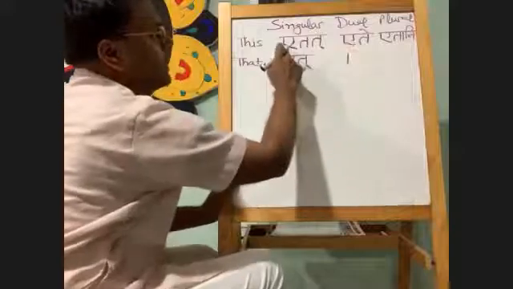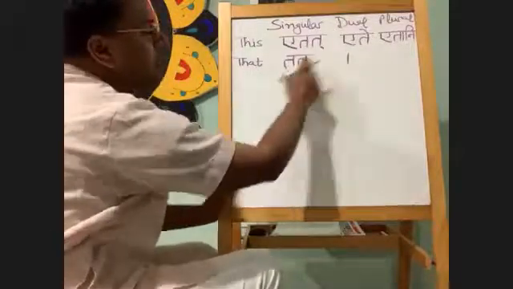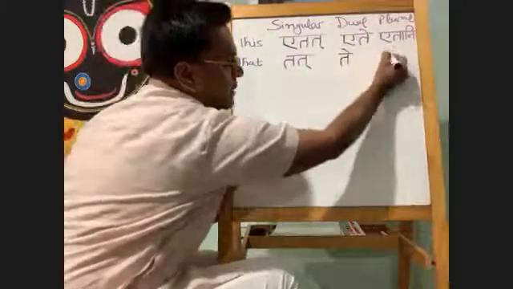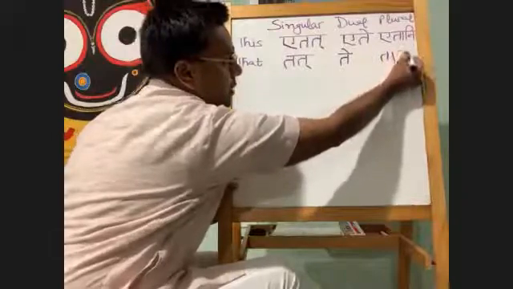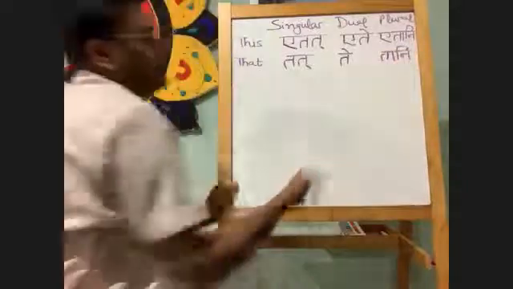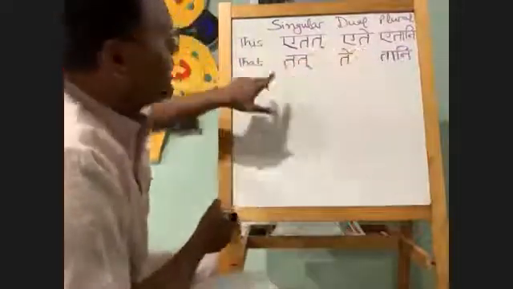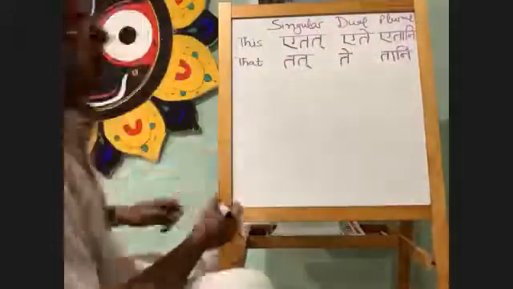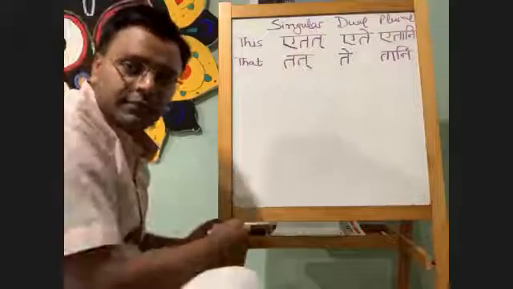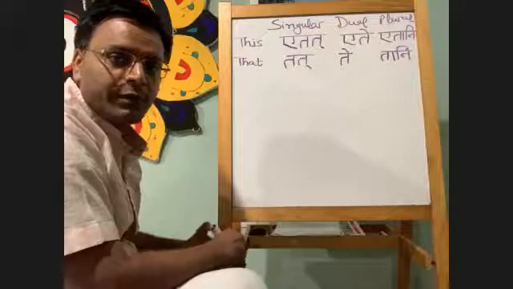Just erase the a in front of all. See here, etat becomes tat, ete becomes te, etani becomes tani. So this and these, that and those. So etat, ete, etani, tat, te, tani. So addressing some object, one object closer by or far away.